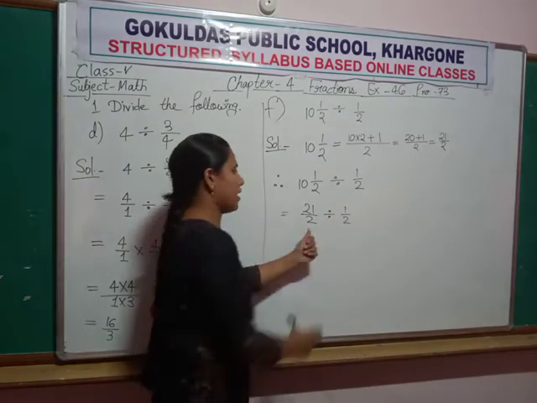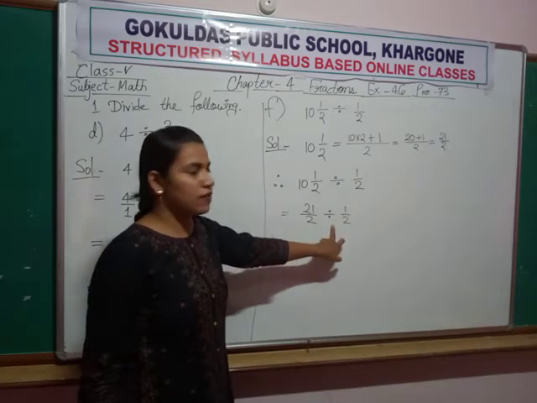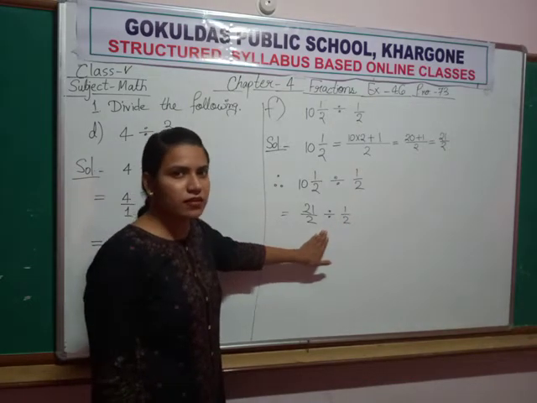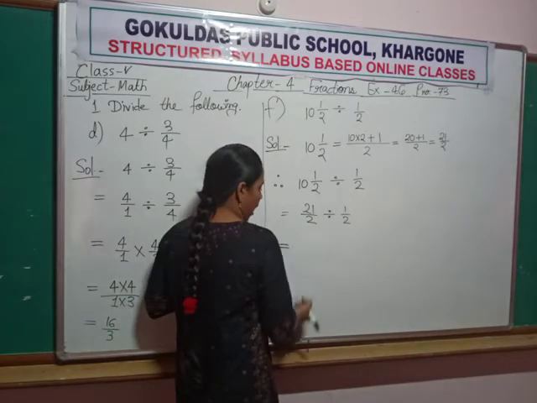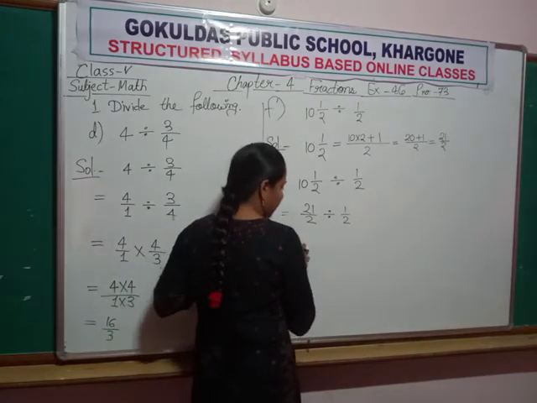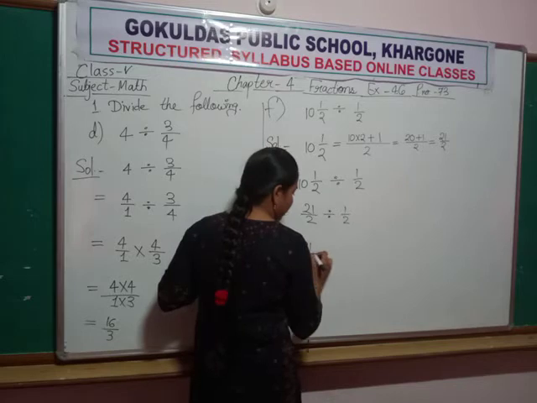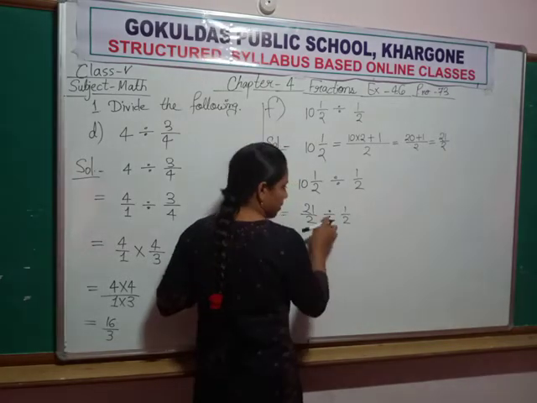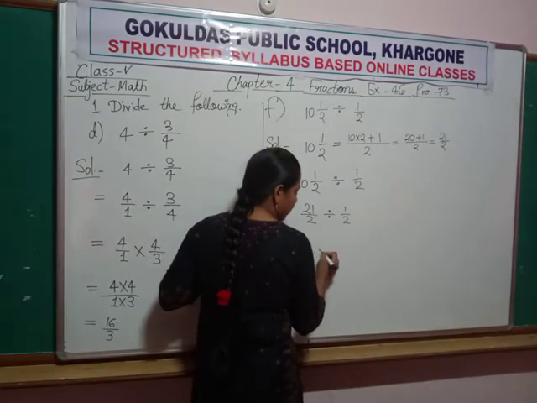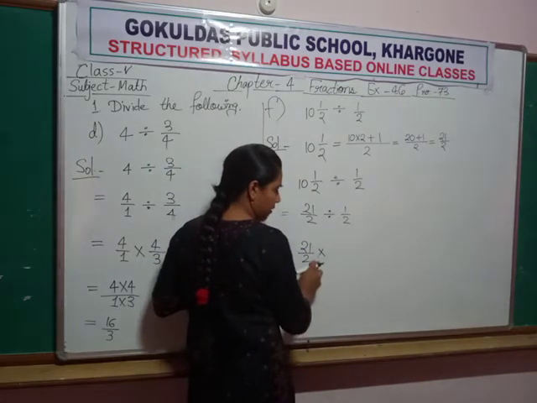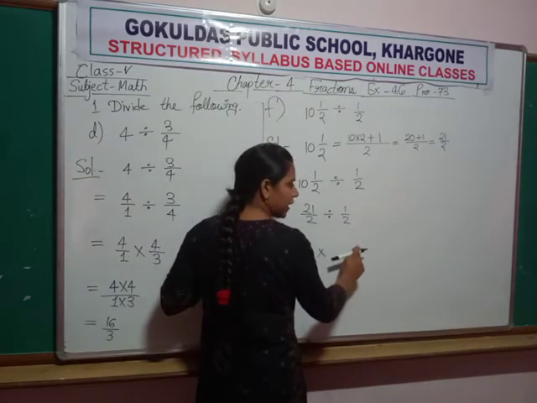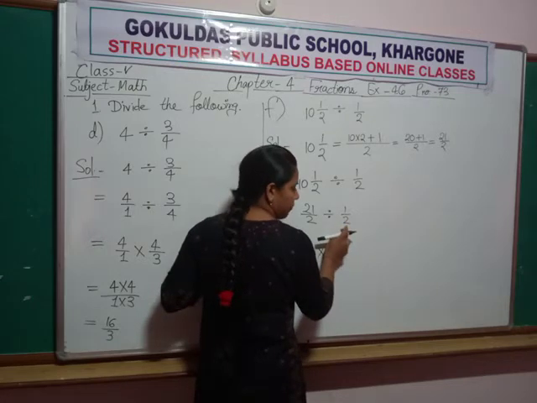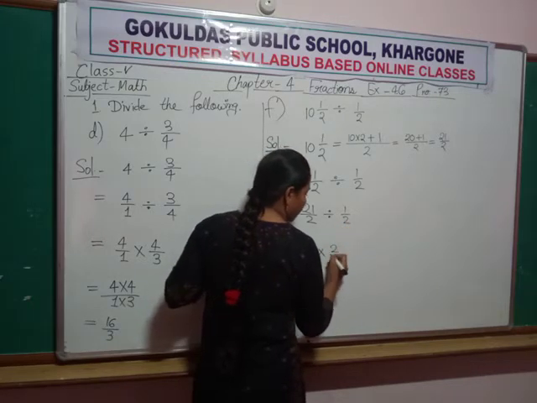So now we have fractions. Here what is our task? Divide a fraction with other fraction. How we divide? We write dividend as it is. So write 21 upon 2 as it is. Now replace this division symbol with multiply symbol and write the multiplicative inverse of divisor. So multiplicative inverse of this is 2 upon 1.